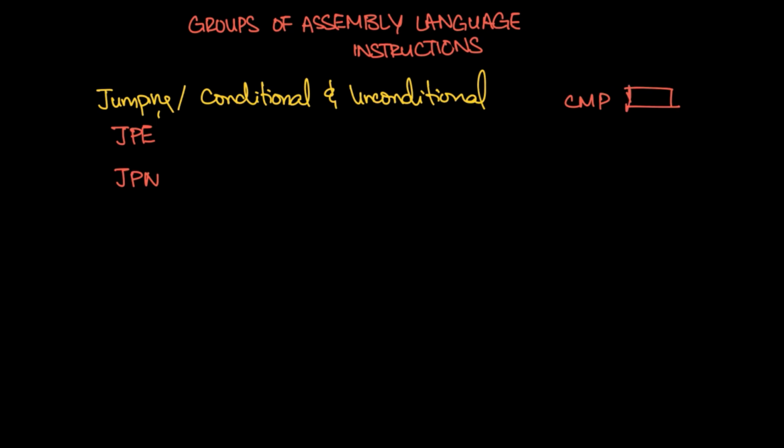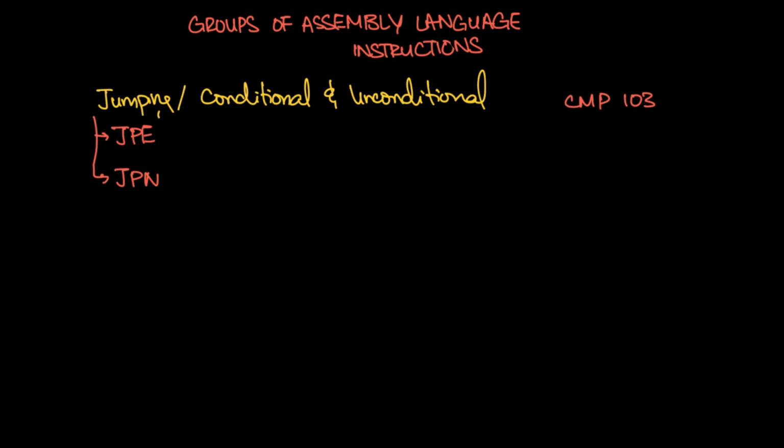So if I say CMP 103, it is going to compare the contents of the accumulator with the contents of memory address 103. Depending on the outcome of that comparison, which can either be true or false, JPE or JPN runs. If they're equal, it's true. If they're not equal, it's false.